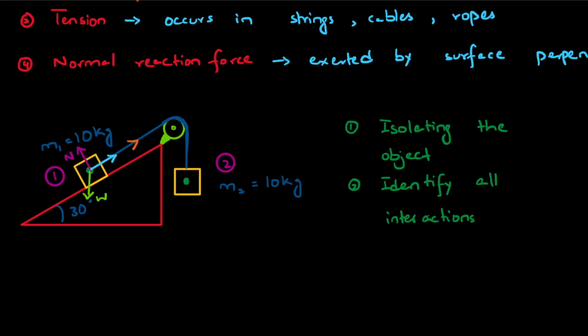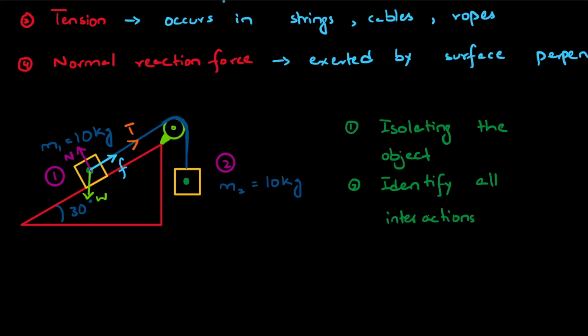So the orange arrow represents tension, represented by a capital T. And for friction, you can represent it with a small f next to its arrow, like that. So that takes care of all the interactions that this block number 1 is exposed to.